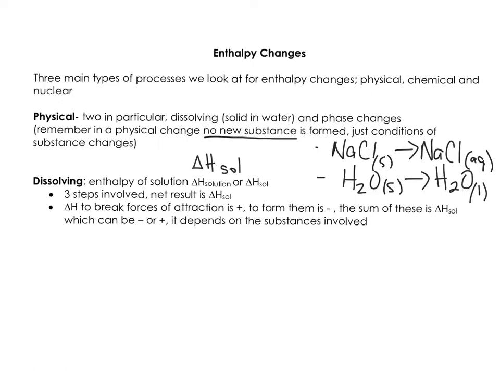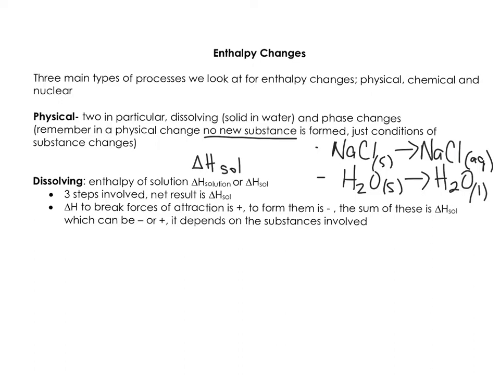Overall, it could be endothermic or exothermic. It just depends on the substances involved, whether or not it's going to get cold to the touch. Your beaker will get cold to the touch. That means it was endothermic. Heat went into the system. Or it's going to be exothermic. The surroundings heated up and energy went out of the system.